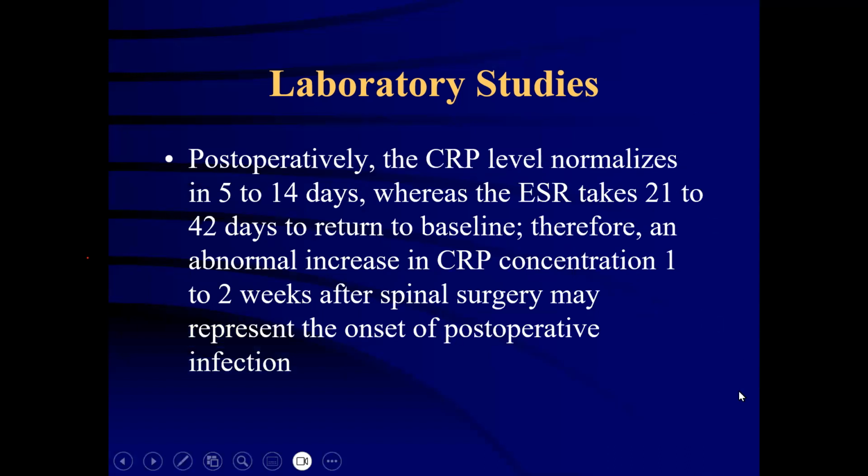Postoperatively, the C-reactive protein level normalizes in 5 to 14 days, whereas the ESR takes 21 to 40 days to return to baseline. Therefore, an abnormal increase in C-reactive protein concentration 1 to 2 weeks after spinal surgery may represent the onset of postoperative infection.